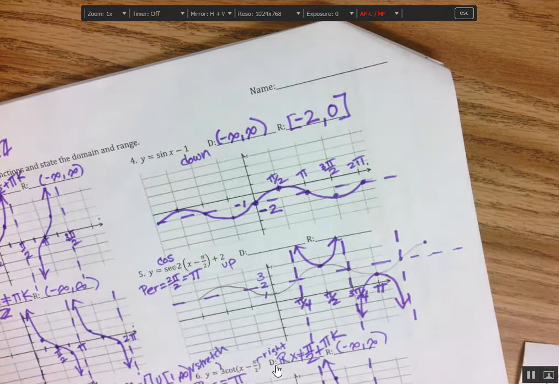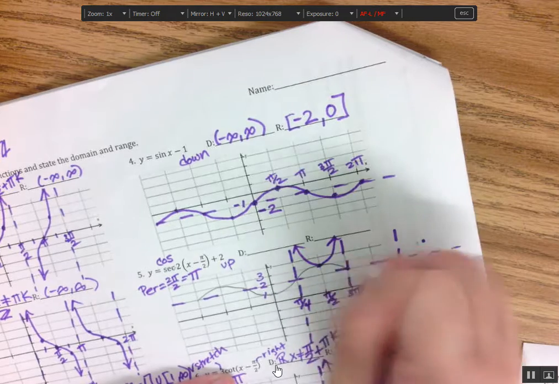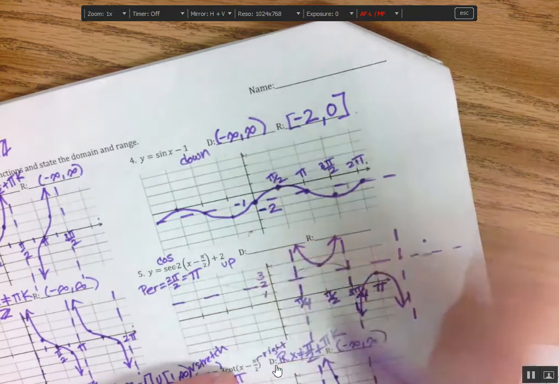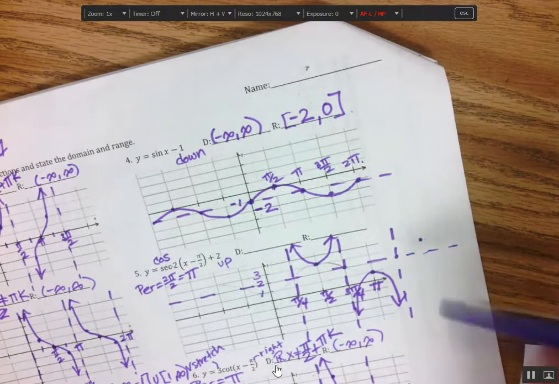And then finally, erase your cosine. You can draw more than one period if you want. I think on your homework it asks you to draw 2 periods if you have space for it.